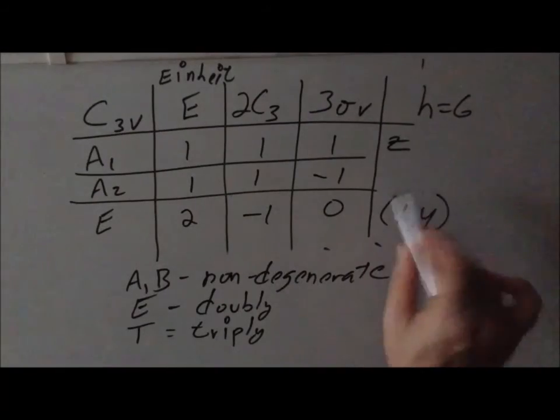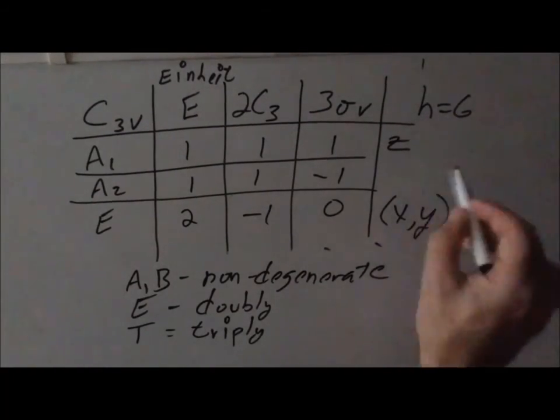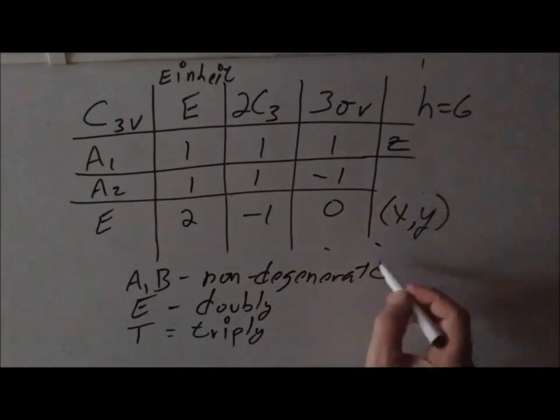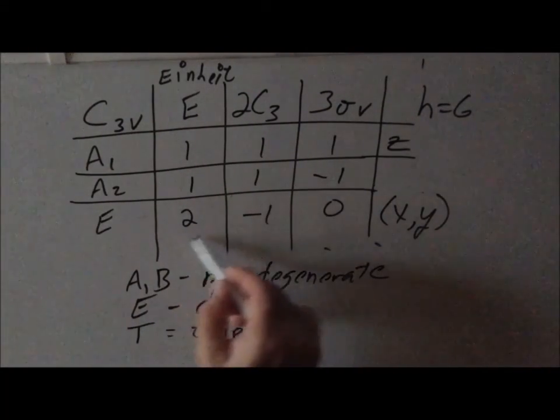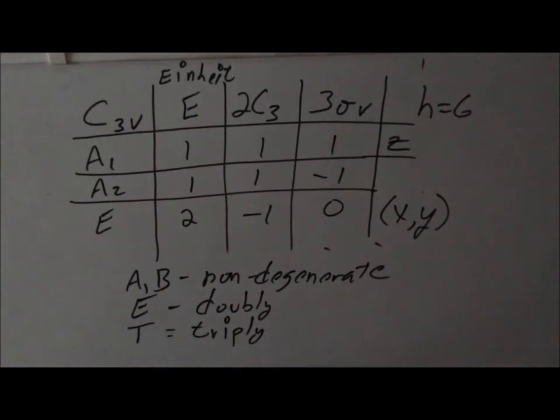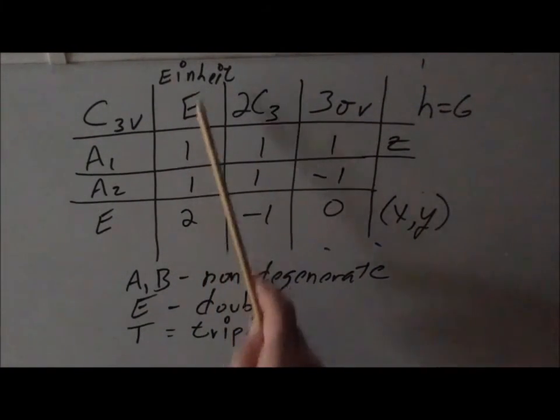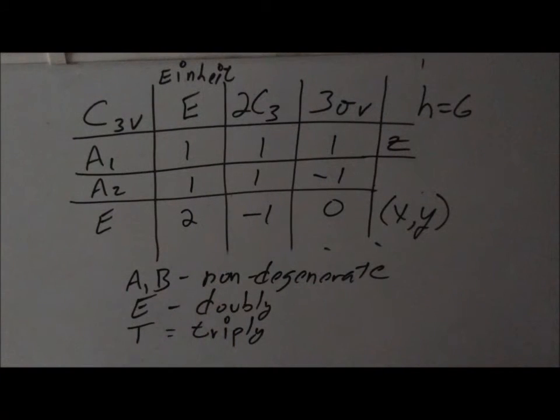And the most important thing is to be able to recognize that if we see a character of this type, where the character is 2 in the E column, that's going to tell us that we have a doubly degenerate representation. If we see a 3 here, it's going to be a triply degenerate representation, and those doubly and triply degenerate representations are going to become incredibly important.